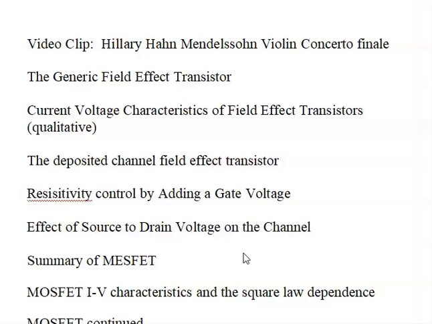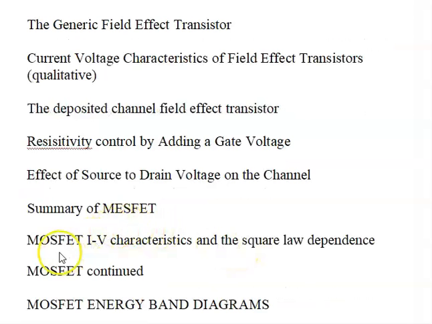The difference between the MESFET and the MOSFET is a change of one letter. MOSFET is the metal oxide semiconductor field effect transistor. The MESFET is the metal semiconductor FET. Hopefully, by the end of the session, we'll be somewhere in this region, and we'll maybe be able to at least introduce the MOSFET.